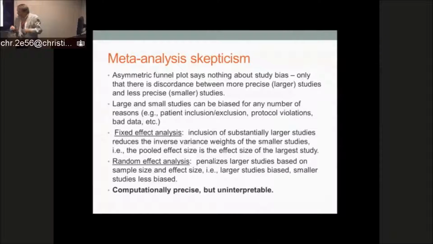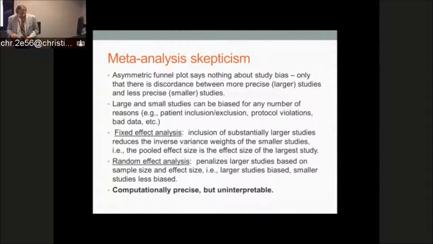So what this means, and what is argued by some of the authors who take this particular view, is that when you do a meta-analysis, no matter whether you do a fixed effects analysis or a random effects analysis, it's computationally precise, but it's meaningless.